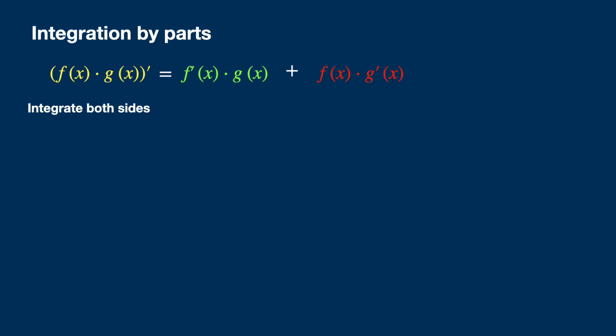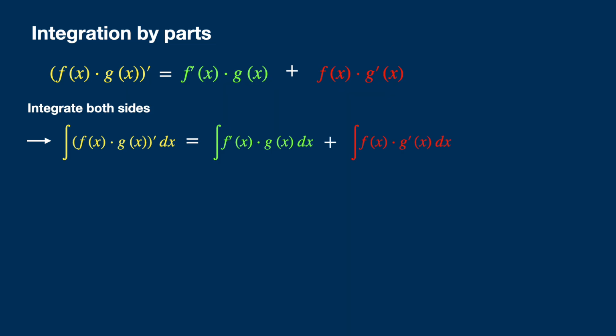Now, I want to take the integral of both sides. So that's going to be the integral of (f(x) times g(x))' dx equals the integral of f'(x) g(x) dx plus the integral of f(x) g'(x) dx. Now, I want you to simplify the first term.